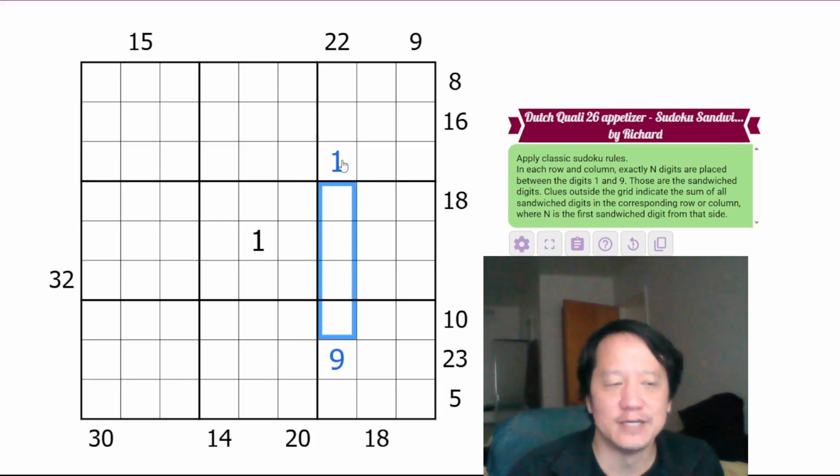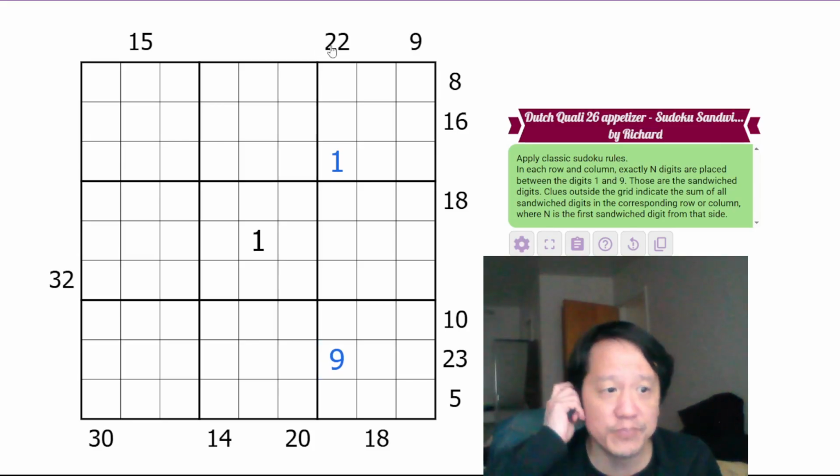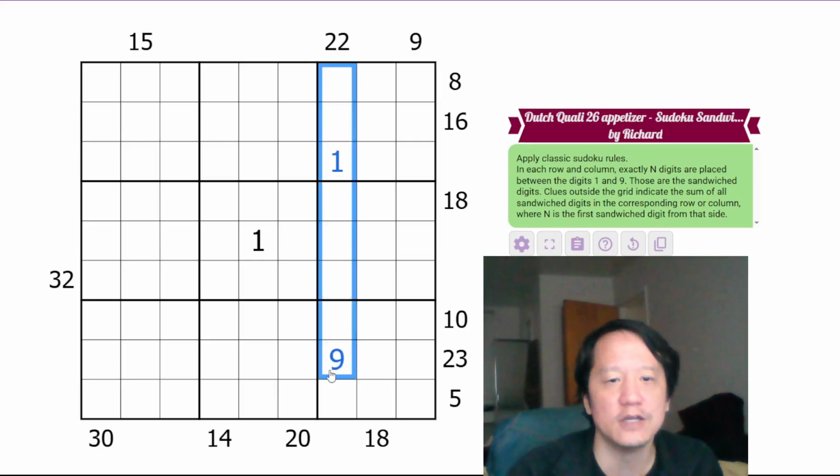But anyways, the digits in between the 1 and 9 must add up to the number that's outside of the grid, and the number of digits between the 1 and 9 has to be the first digit that is sandwiched between the 1 and 9, starting from the clue looking in that direction.